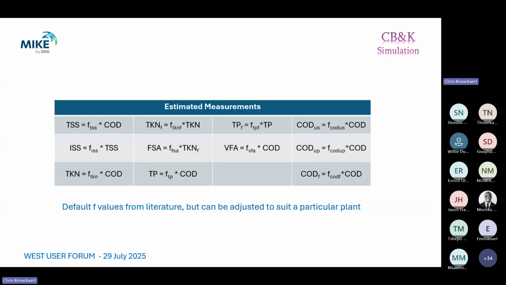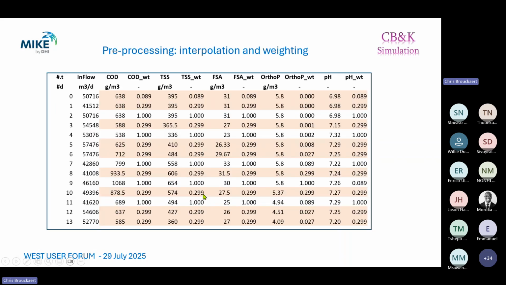So basically, the IWA biological wastewater treatment handbook, the chapter on wastewater characteristics, that's where the default values of the factors come from.